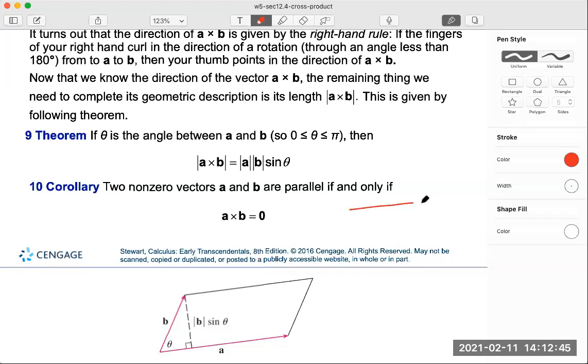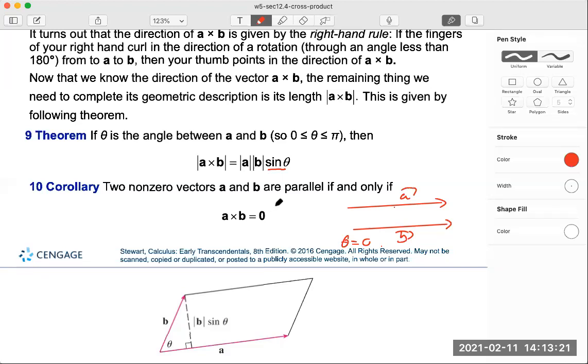If vector A is parallel to vector B, then the angle theta between them will be 0, right? The angle theta is 0, which implies that sine of theta is sine of 0, no matter how big A and B are. If they're parallel, the cross product will be 0, right?